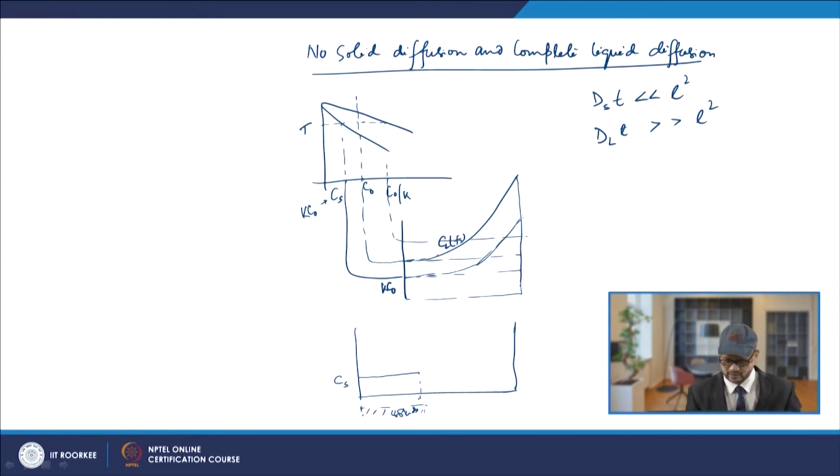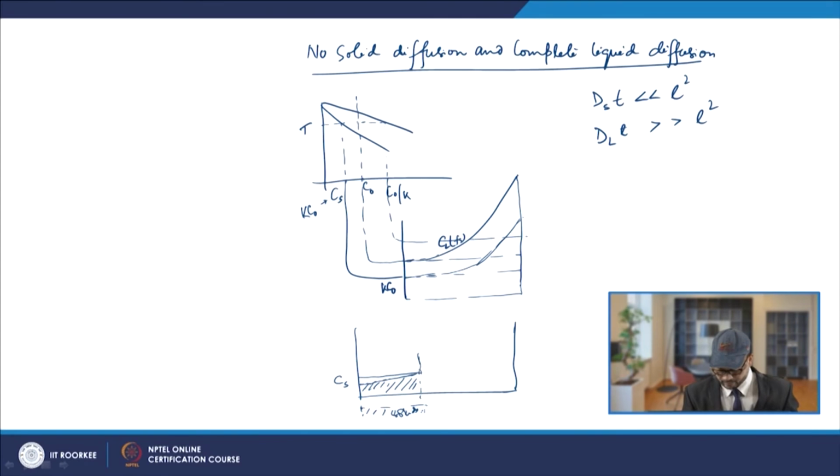Here also it is decreasing and coming to CS, suppose at this instant. This will be your hatched line, that is your solid, and on this side you will have the liquid.